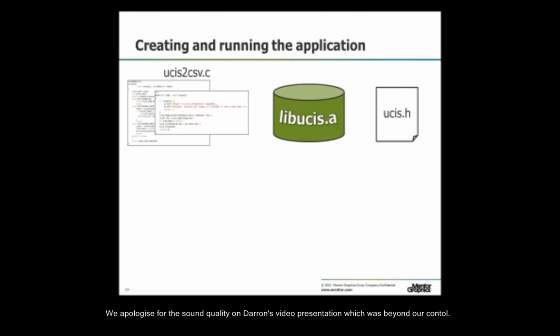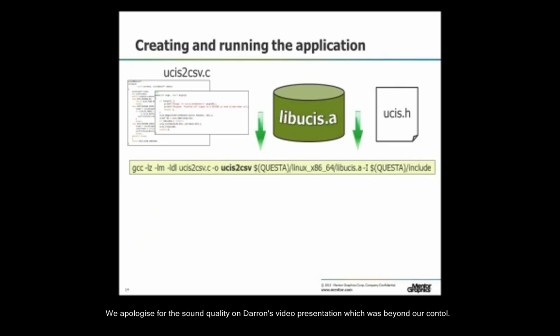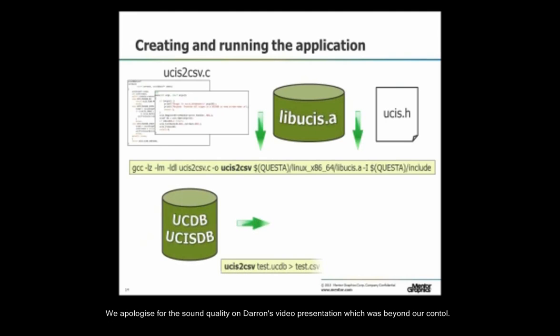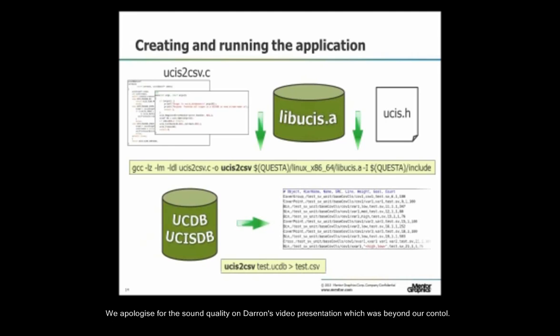So that gives you an idea of how you create applications. You've got the C code, and you build up your application with the C routines from this header file, and then a shared library is supplied, which you compile your application with, and then you get your coverage database and you call the application that you just compiled, and that outputs the CSV file in this particular case. Very, very straightforward.